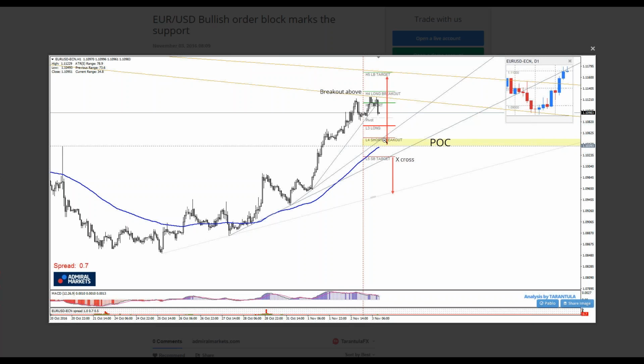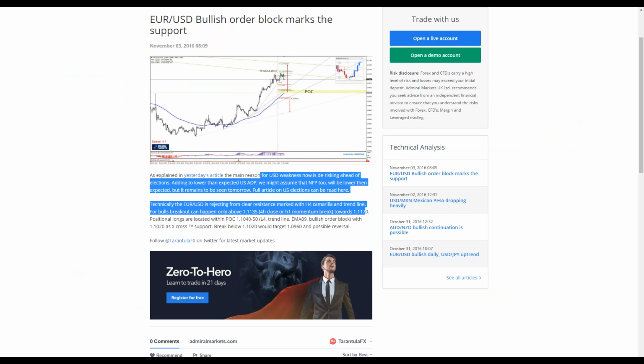This was very clear, a lot of confluence here. And then price simply rejected from this level to the upside. So that was the point of this analysis, to give you pre-fact levels where you can actually trade the price.